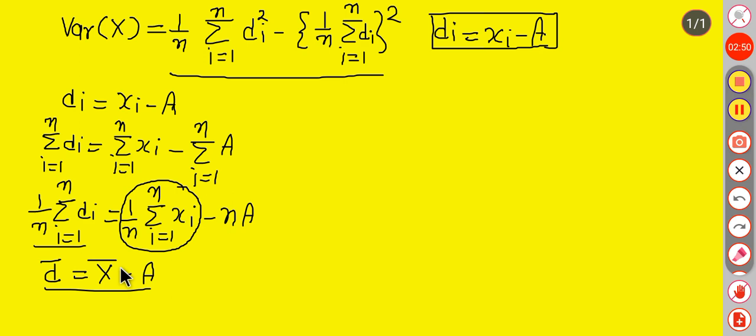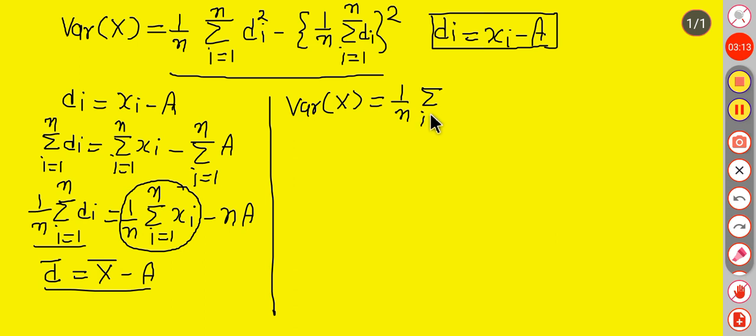Now let us see the variance formula. Variance of x is equal to 1 upon n summation over i from 1 to n of xi minus x bar whole square.